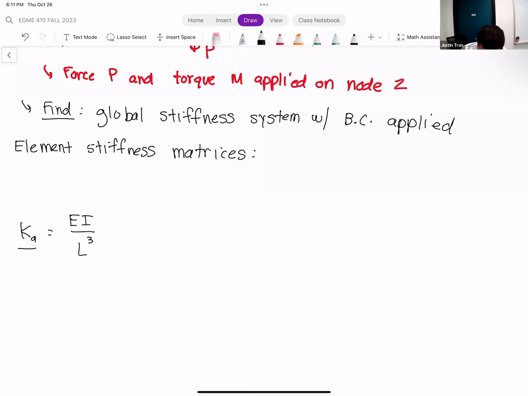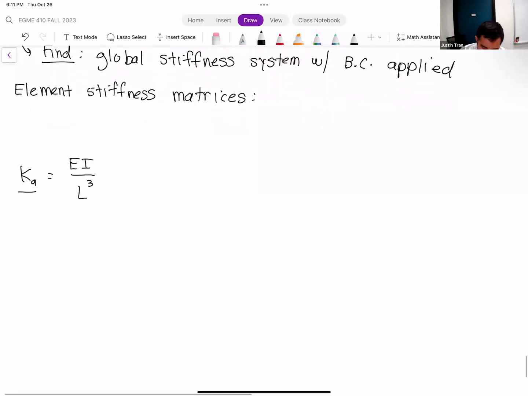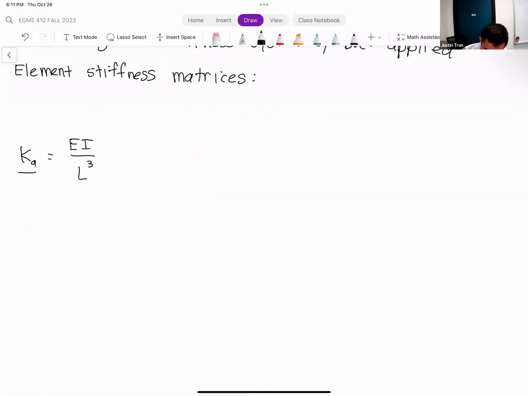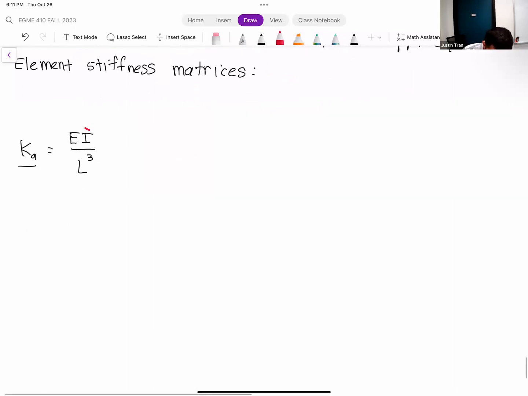Let me define I for you here. I know it's a little bit out of place, but this I here refers to the moment of inertia of the beam's cross section.